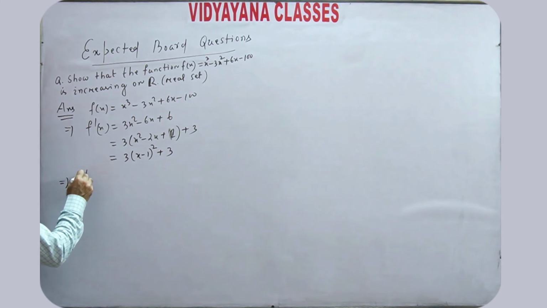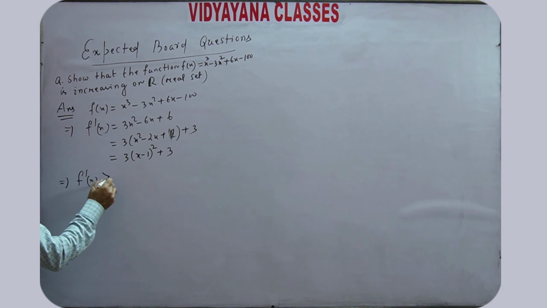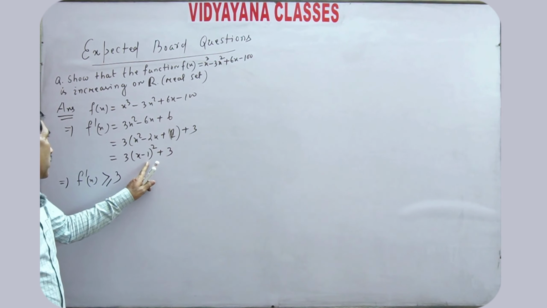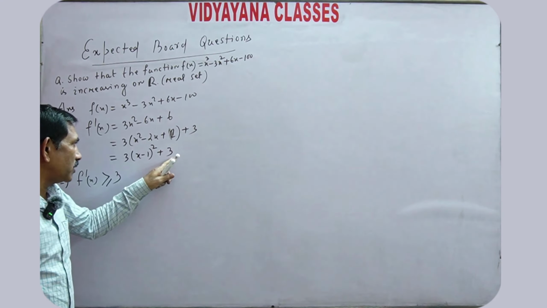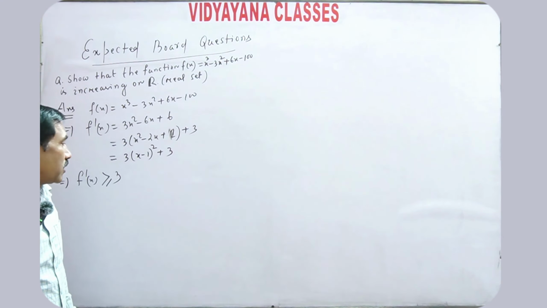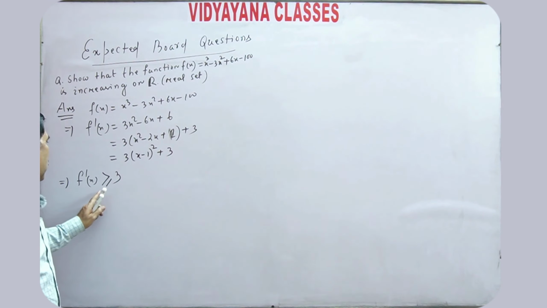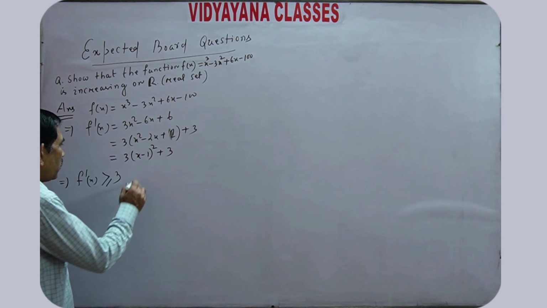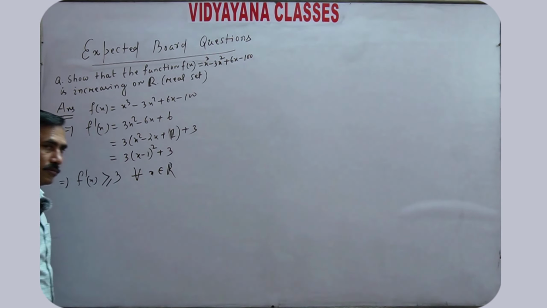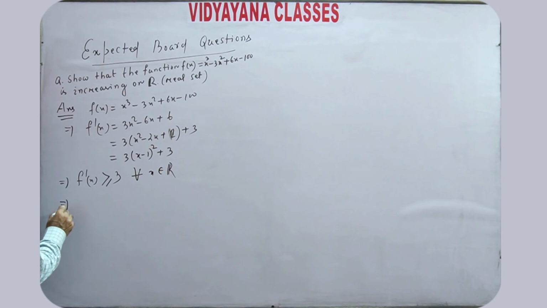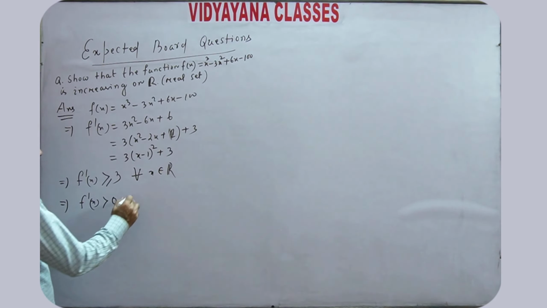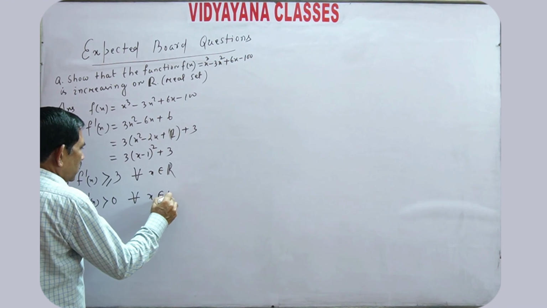This implies f'(x) ≥ 3. At x = 1, f'(x) = 3; otherwise its value is greater than 3. So f'(x) ≥ 3 for all x belongs to the real set, which implies f'(x) > 0 for all x belongs to the real set.